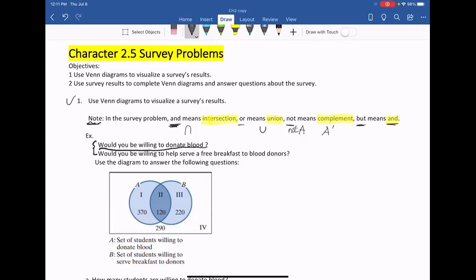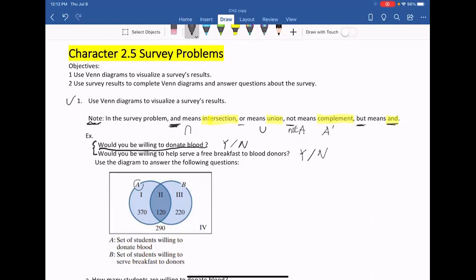The answer could be yes or no. Second question, would you be willing to help serve a free breakfast to blood donors? The answer could be yes or no. And then we can create a Venn diagram about these two questions.